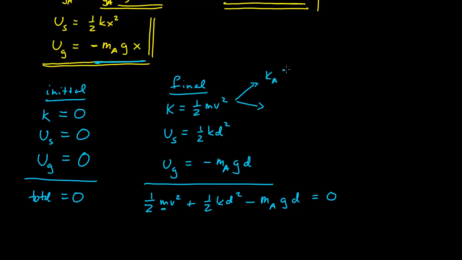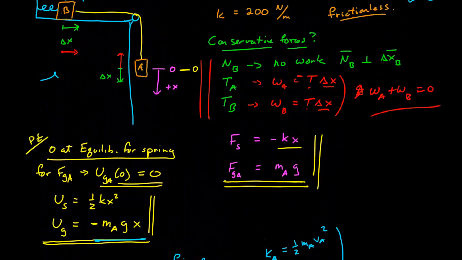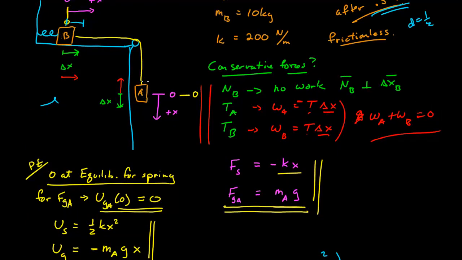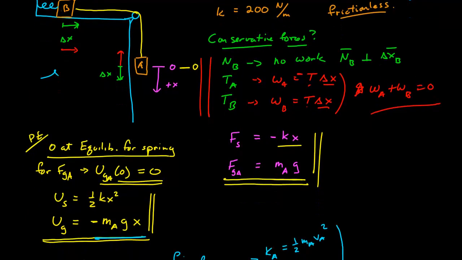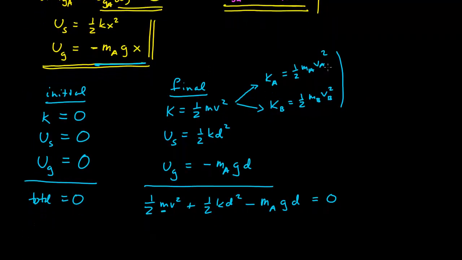I have the kinetic energy of mass A, which is 1/2 mass of A v of A squared, and I have the kinetic energy of B, which is 1/2 mass of B v of B squared. And so then, of course, the total kinetic energy is the sum of these two. Now, the first thing I recognize is, since they're attached by a string which can't be stretched, the velocities of the two objects have to be the same. The speeds of the two have to be the same.